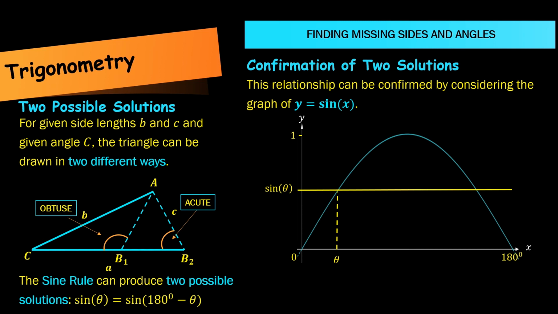However, as you can see, we've extended the line for sine theta, and it cuts another point on the graph as well. And it's this value here, 180 degrees minus theta. And therefore, this confirms that there can be two possible solutions.